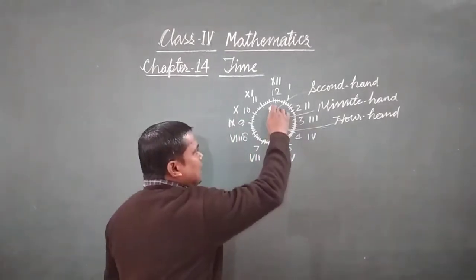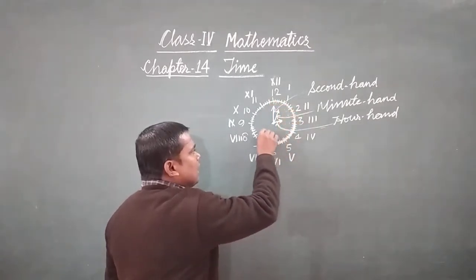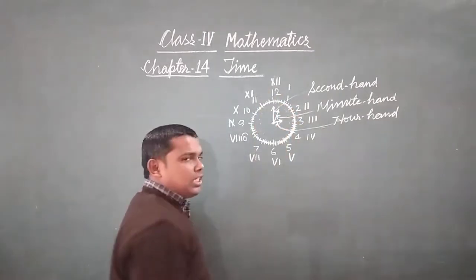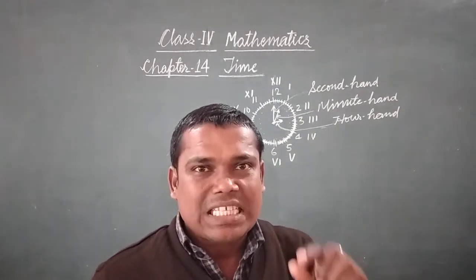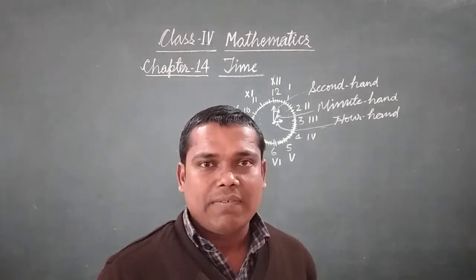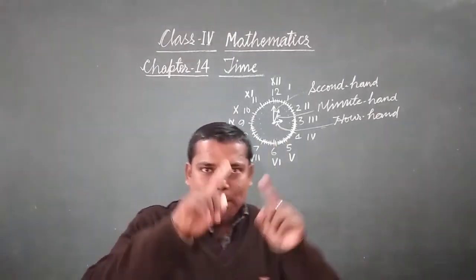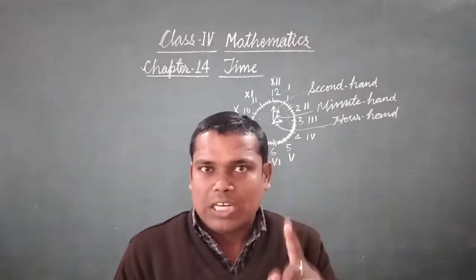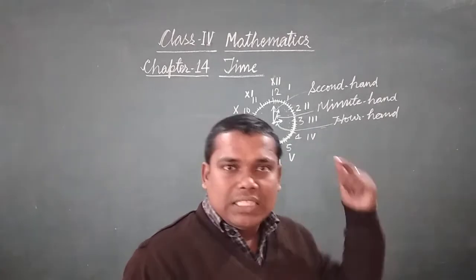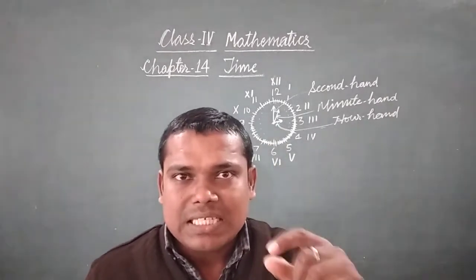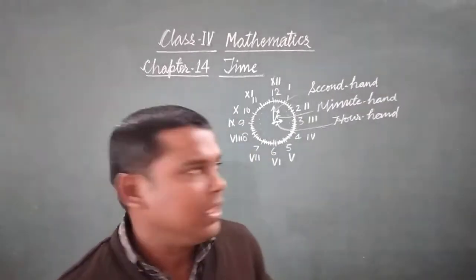And if the second hand starts from here and again reaches this position, it travels 60 seconds. So we can say that when the second hand completes one revolution or one rotation, then it covers 60 seconds, and that 60 seconds is equal to 1 minute.